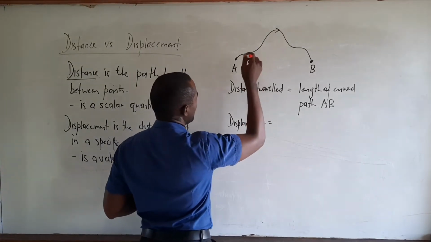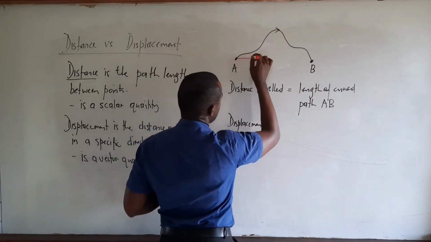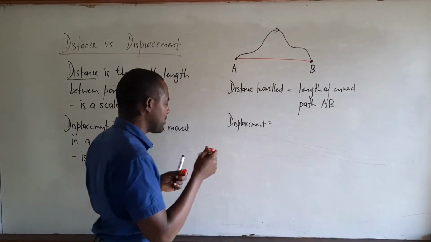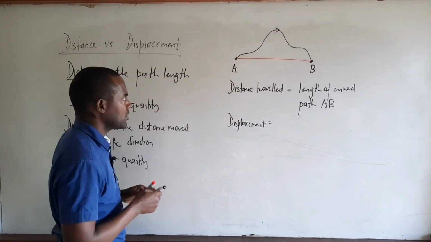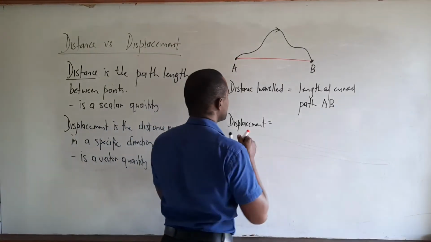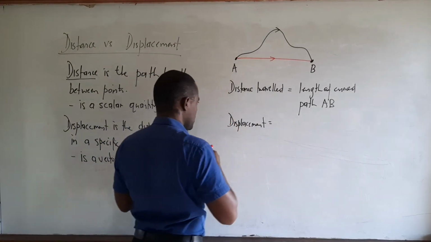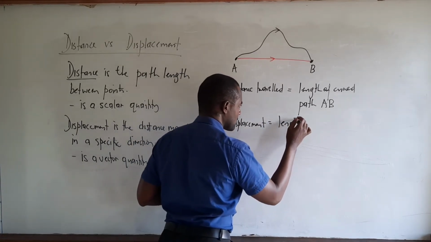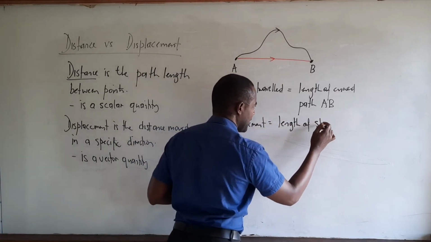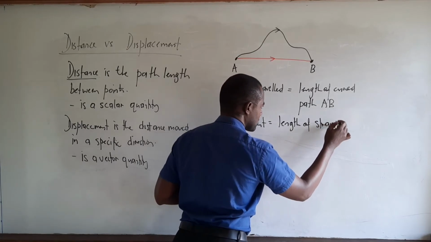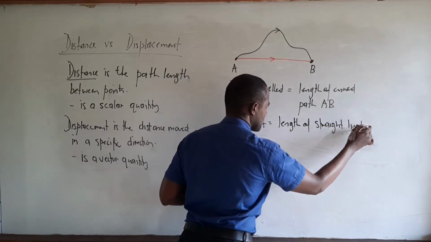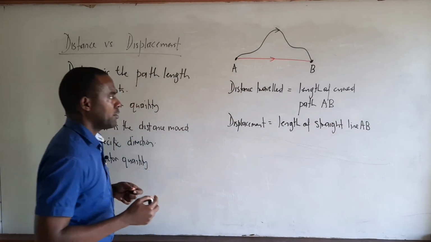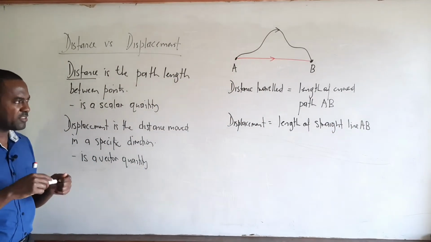So if you draw a straight line from A to B, then the length of that line would represent the displacement. So the displacement would be equal to the length of the straight line AB.